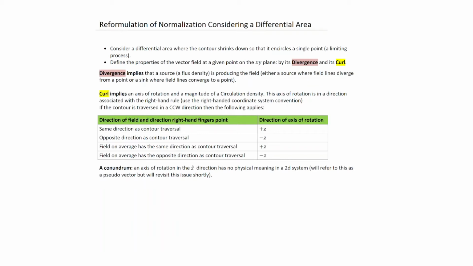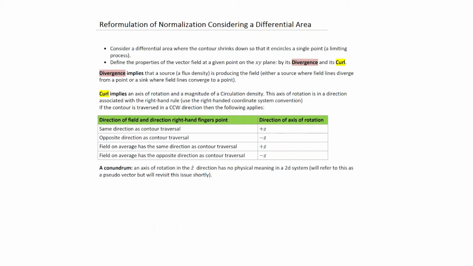So if the contour is traversed in a counterclockwise direction, the following applies, and I've given you a couple of options. If the direction of the field and the direction of the right-hand fingers point in the same direction as the contour traversal, then the direction of the axis of rotation is in the positive z direction.